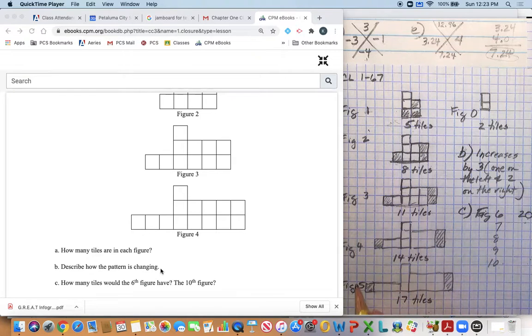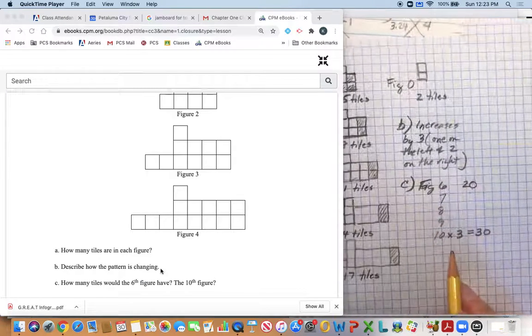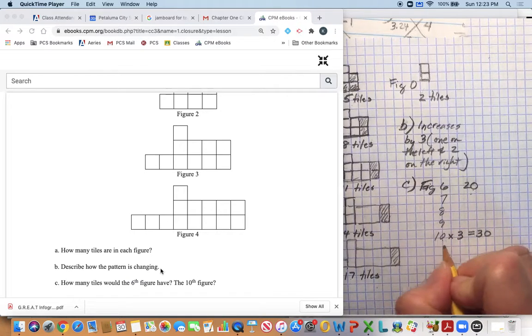See how 5 corresponds with a figure number? 5 times I added 3. So if it's 10 times that I added 3, that's 10 times 3, which is equal to 30. So that is how many tiles that I added.